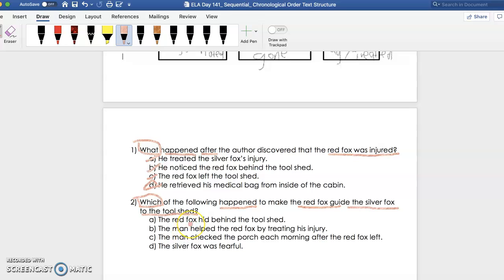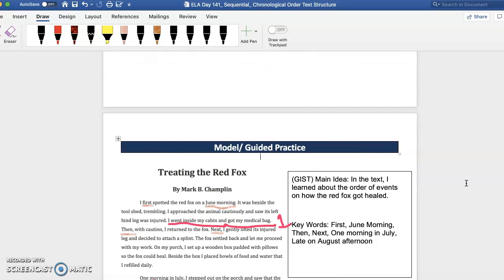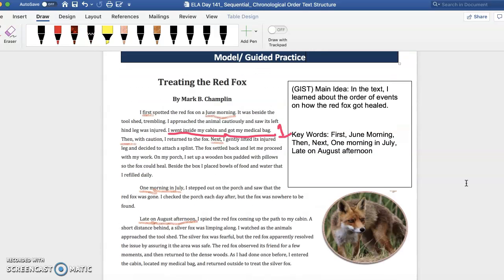A, the red fox hid behind the tool shed. So when I think about the red fox hiding behind the tool shed, that has nothing to do with the silver fox. We want to think about what was wrong with the silver fox. When I go back to the text, it talks about how the silver fox was limping, right? It says, a short distance behind, a silver fox was limping along, right?